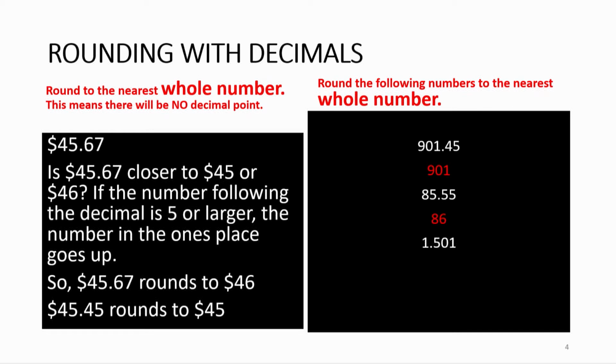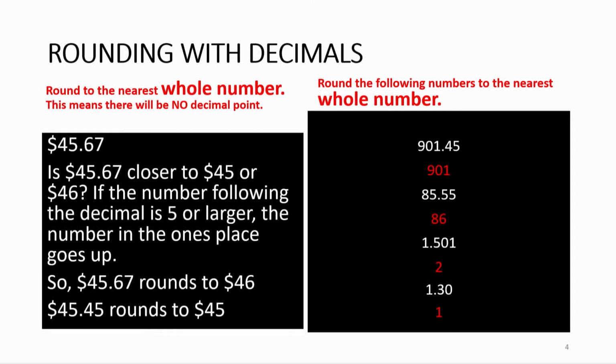If it's 5 or greater, it rounds up to 2. And 1.3, so now you only have a 3. Again, if it's less than 5, that whole number stays the same. So that would round to 1.